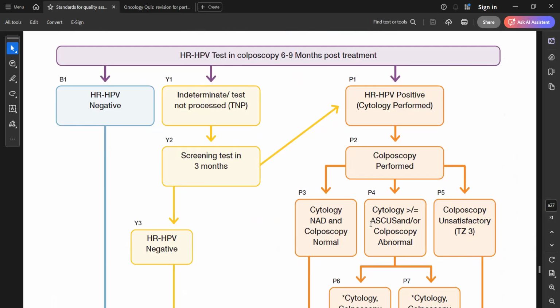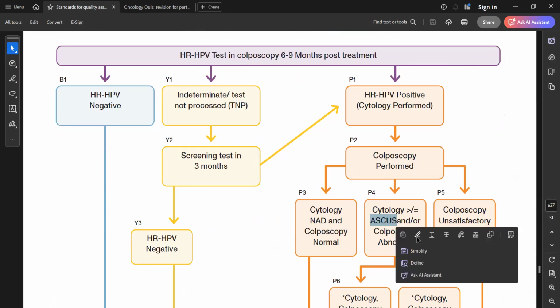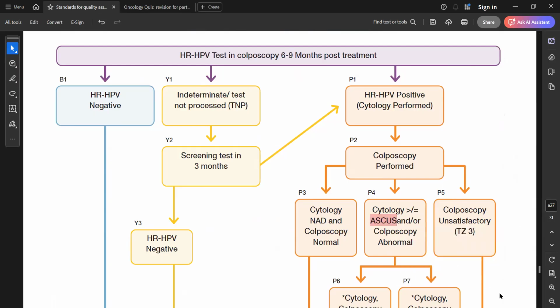Whenever we see ASCUS, we are not reassured yet, so I'm going to refer her to colposcopy. Colposcopy is going to tell me if this woman really is having a problem or not.